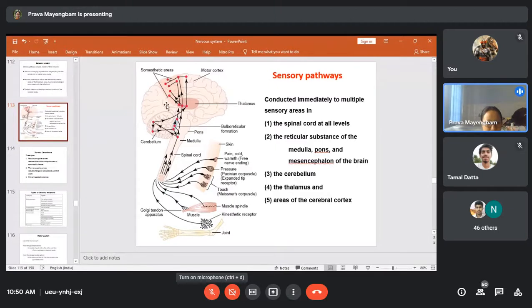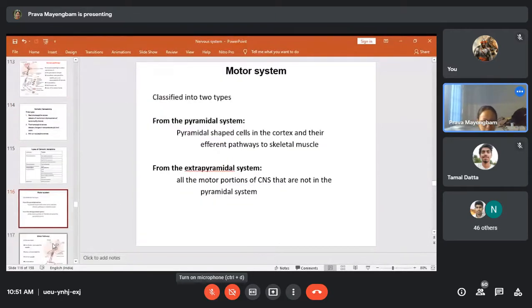So in response to these sensory signals, how the brain is going to integrate and respond, that will come in the form of the motor system. The motor system again is classified into two types: the pyramidal system and the extrapyramidal system.